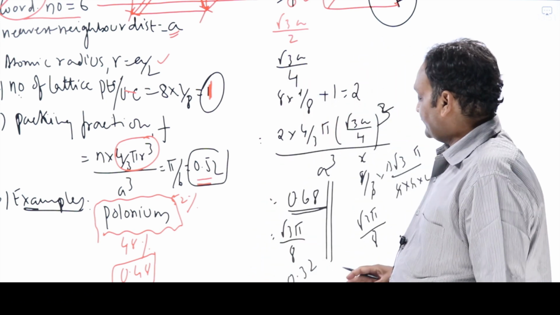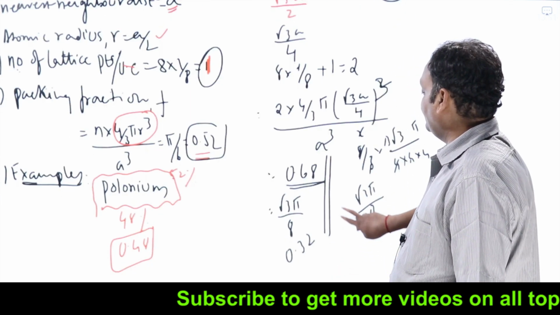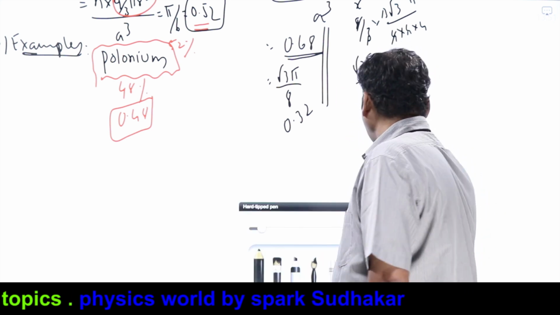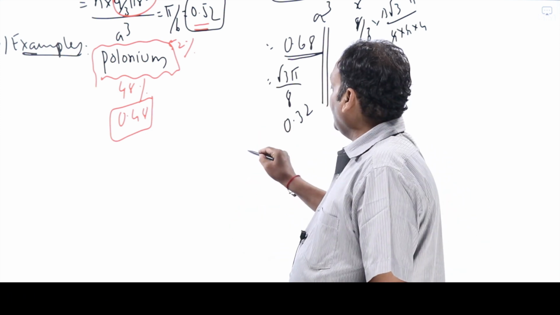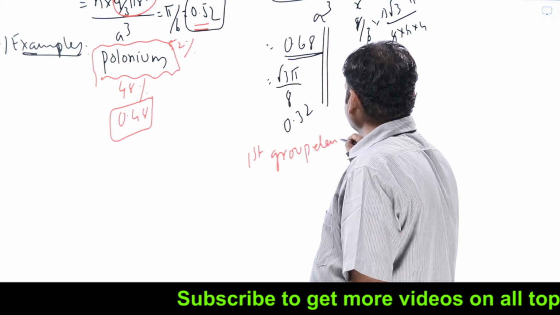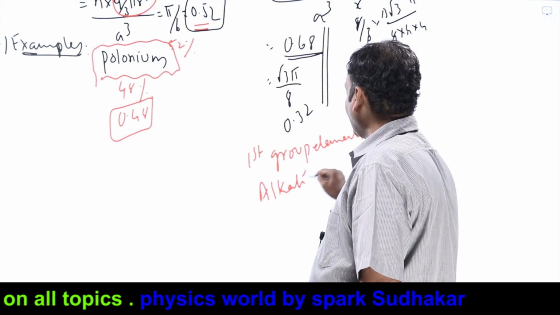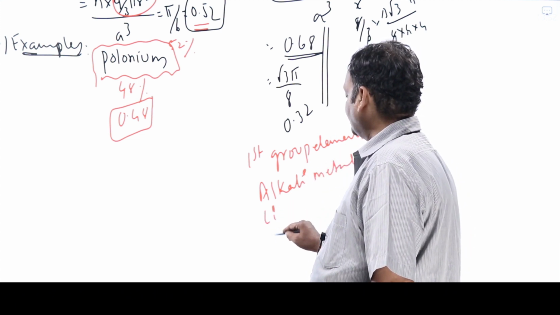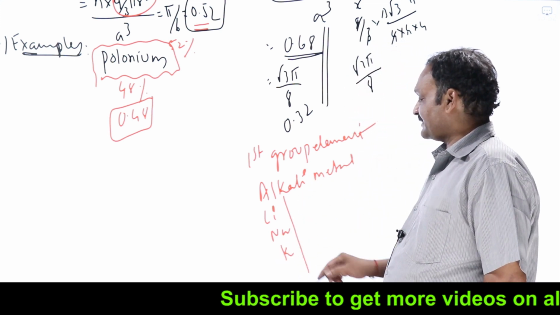Now what are the examples of elements having BCC structure? All alkali metals, like lithium, sodium, potassium, all first group elements. What are first group elements called? Alkali metals. All alkali metals like lithium, sodium, potassium, cesium, rubidium, etc. have BCC structure.